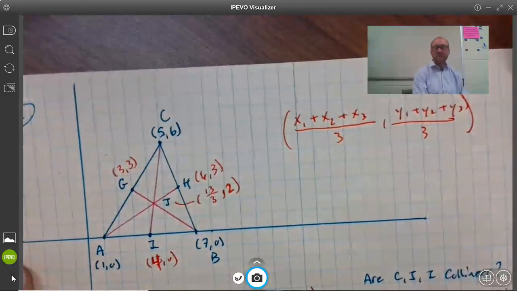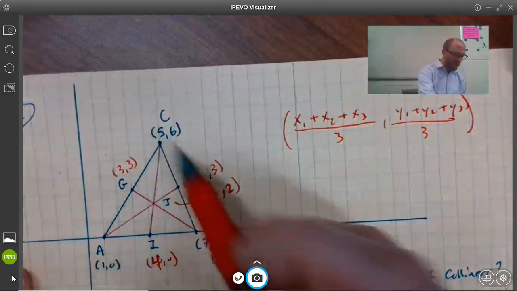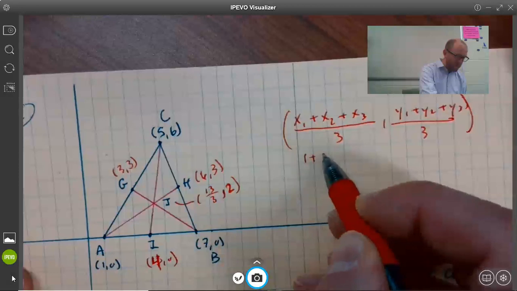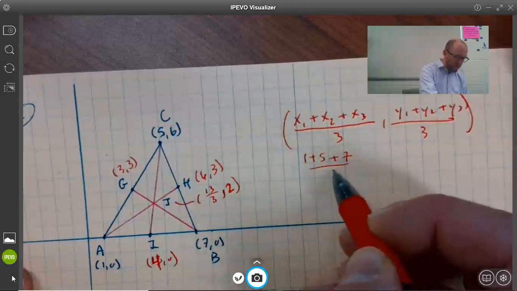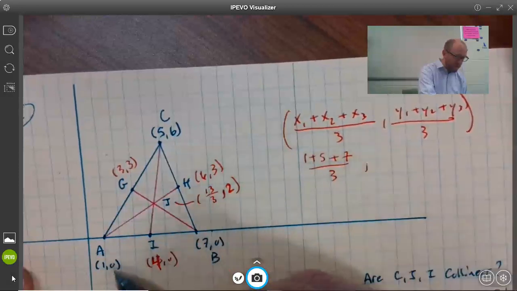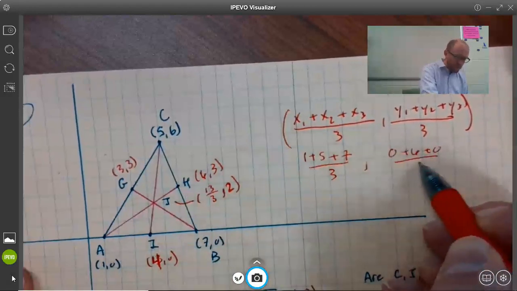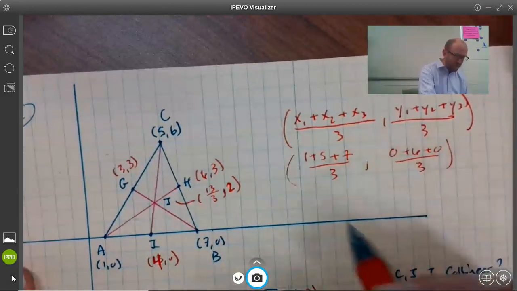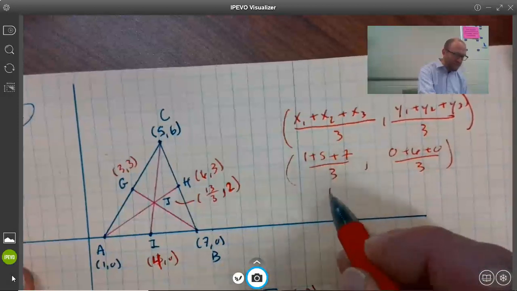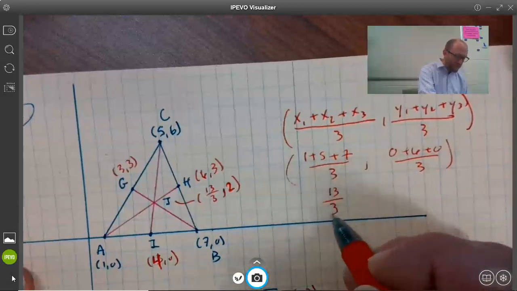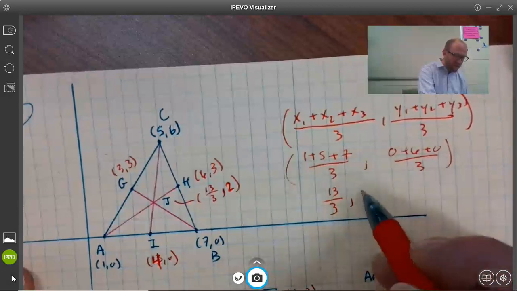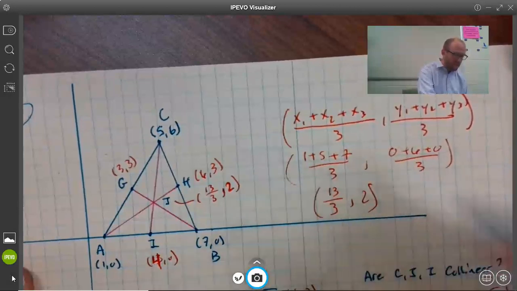I just average together the 3 x coordinates and average together the 3 y coordinates. So I've got 1, 5, and 7. 1 plus 5 plus 7 over 3, 0 plus 6 plus 0 over 3. 1 and 5 is 6, and 7 is 13 over 3. And 6 over 3 is 2.